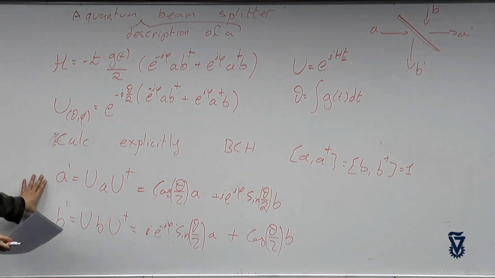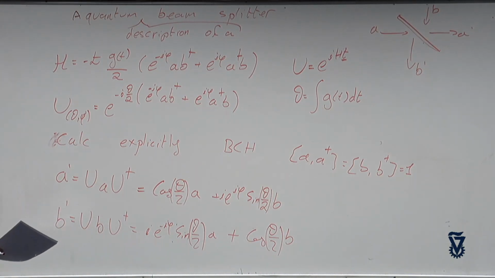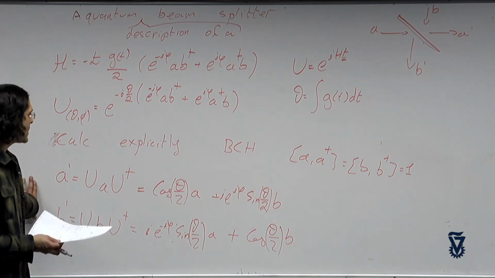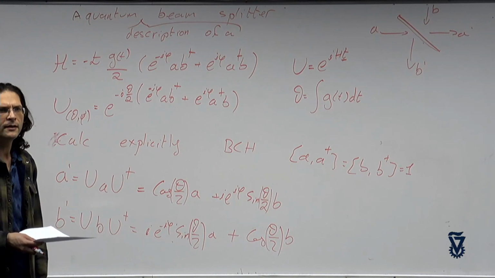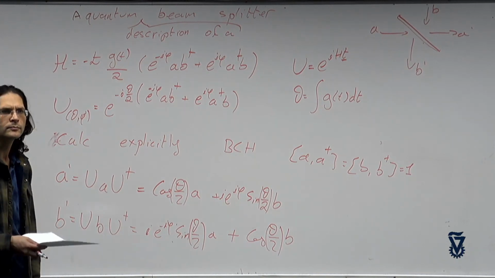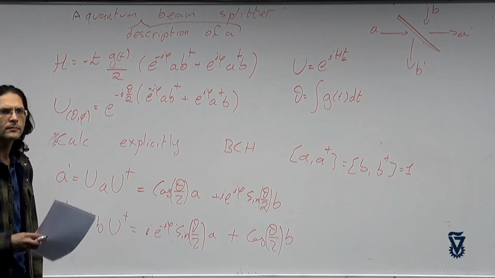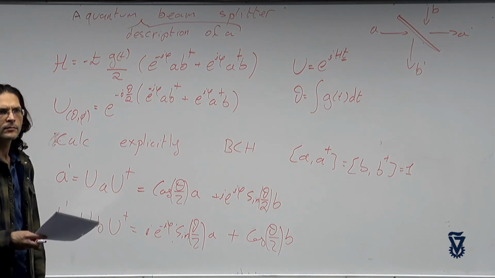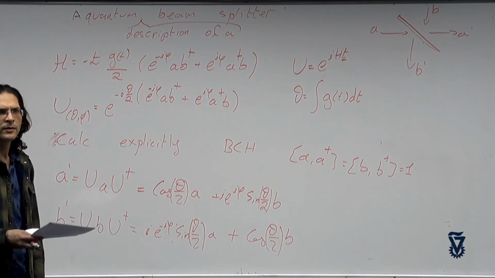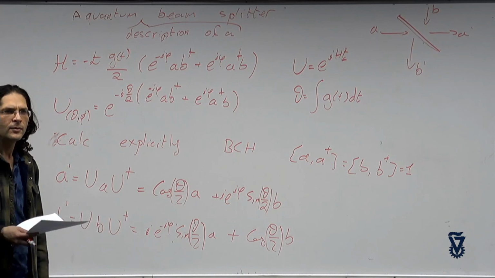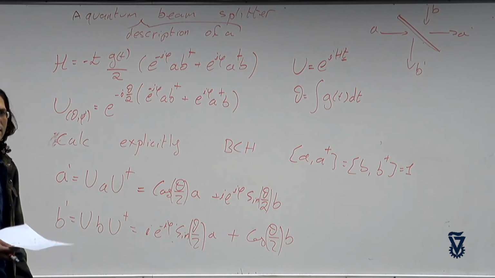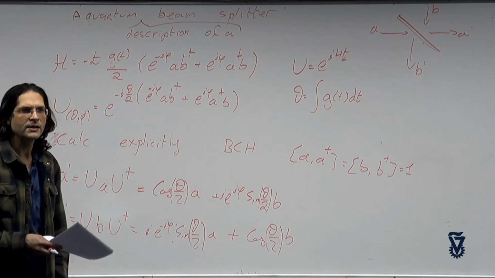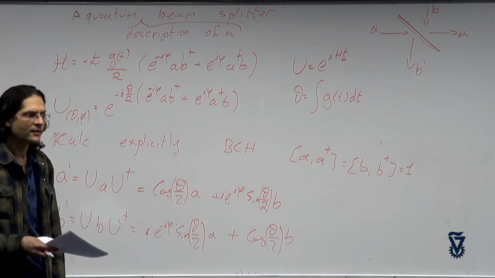Now at this point, to regain the classical behavior, what would you want to plug in? What is classical? We just talked about it. It's a very nice state which gives us the closest quantum thing there is to a classical state: the coherent state.